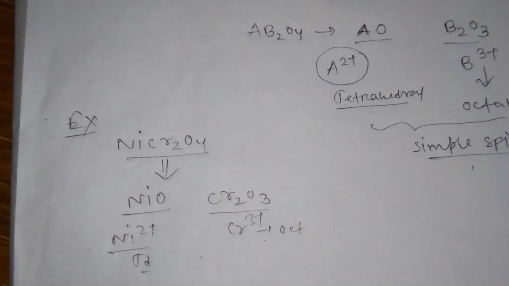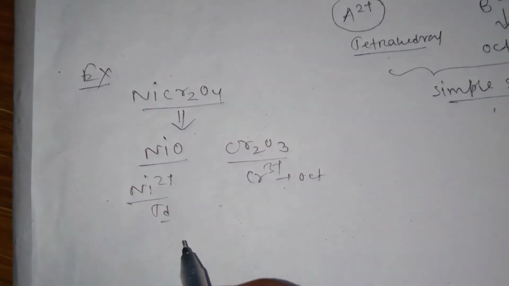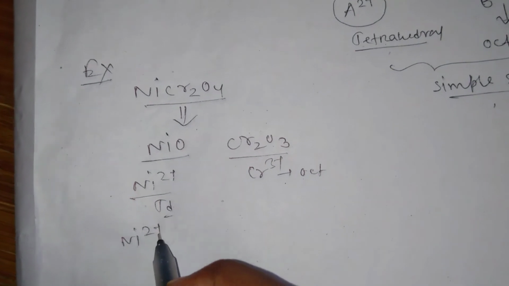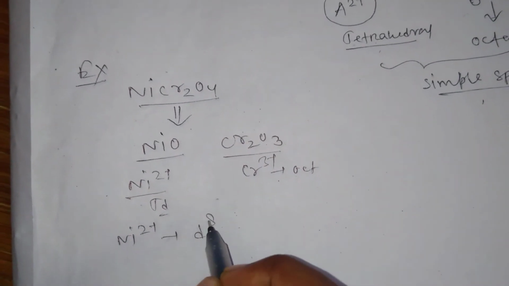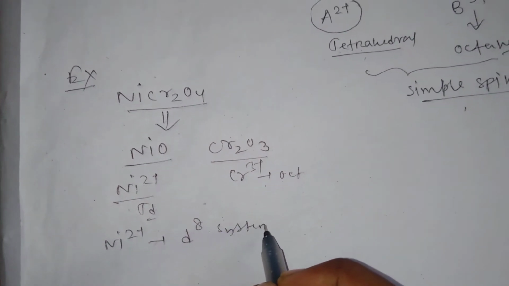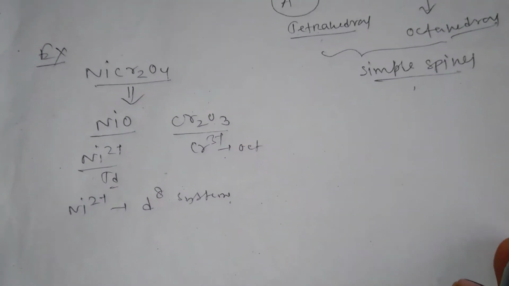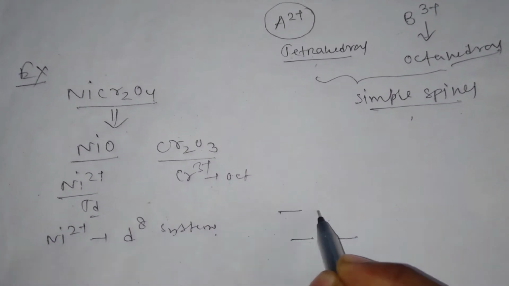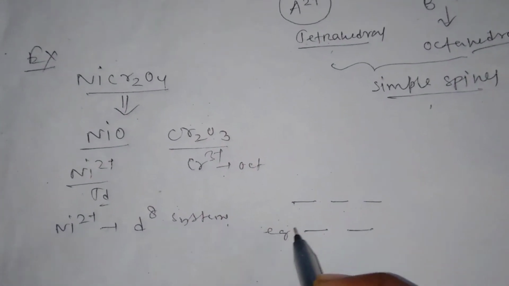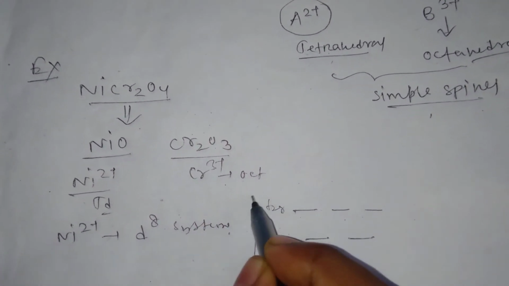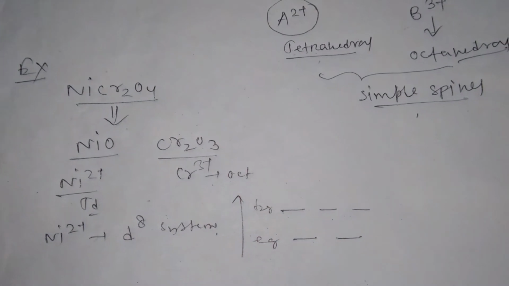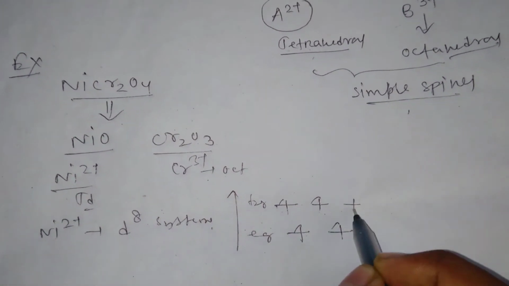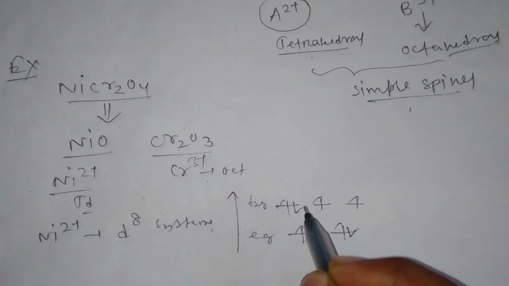Okay, now we calculate the CFSE value. Okay, we all know that Ni2+ is a d8 system. Okay, for tetrahedral, e and t2g. Now put the electrons 2, 3, 4, 5, 6, 7, 8.